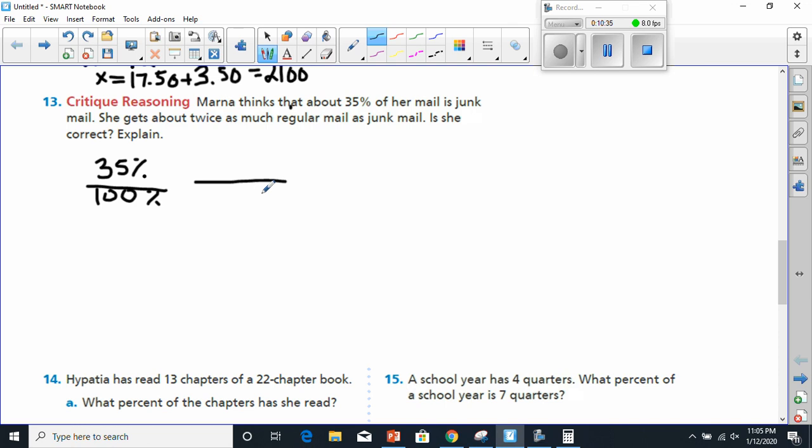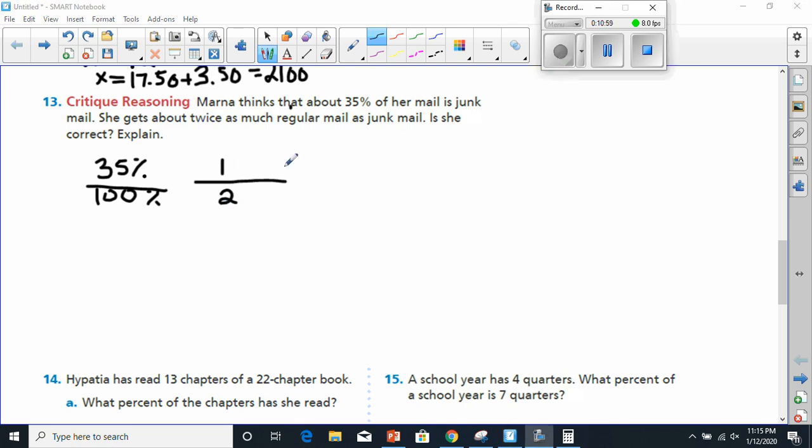So on the bottom has to be her regular mail. She gets about twice as much regular mail. So this would be, let's see, twice as much. 2 times as much. And now we've got our equation.